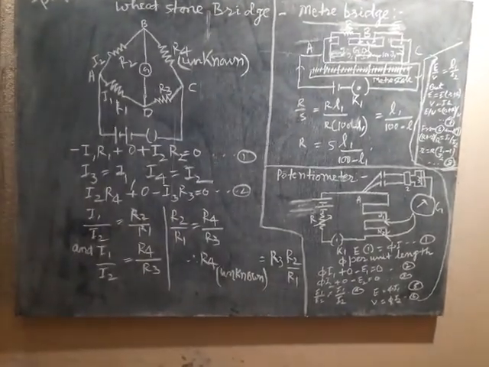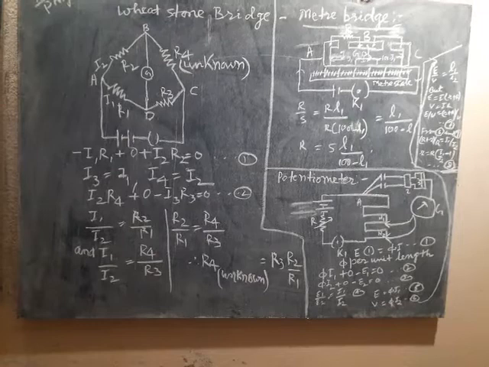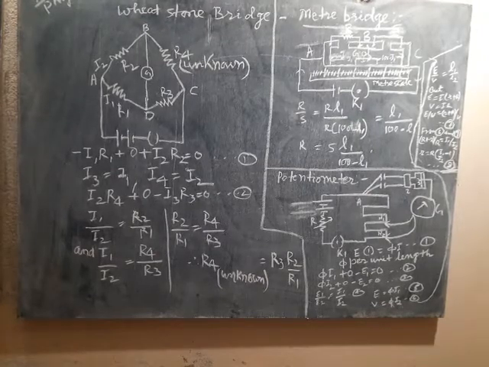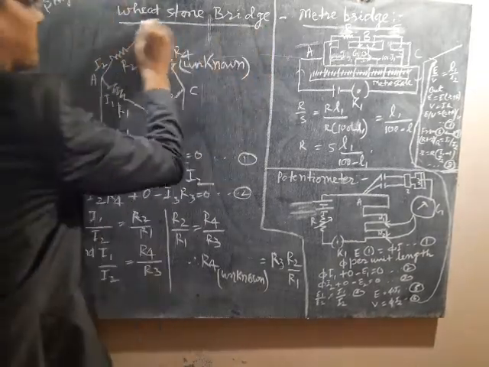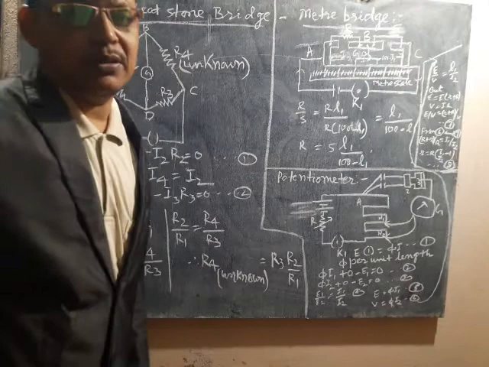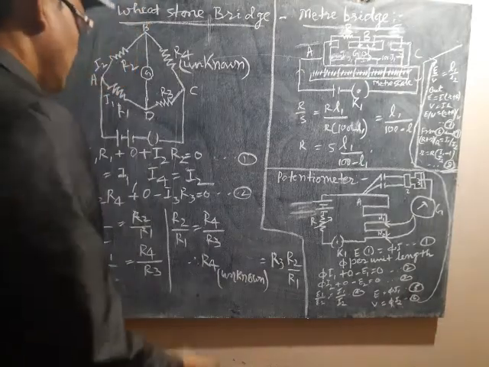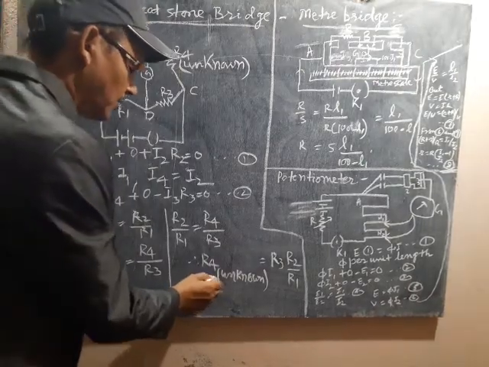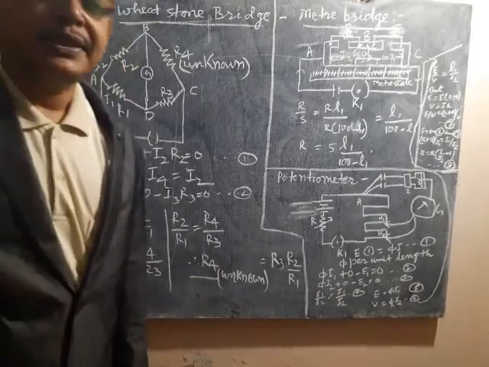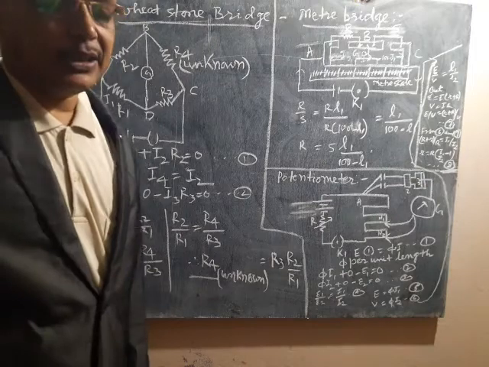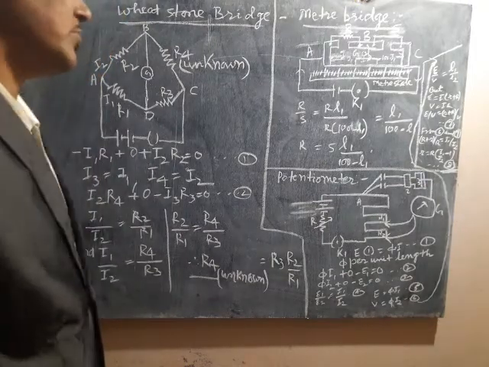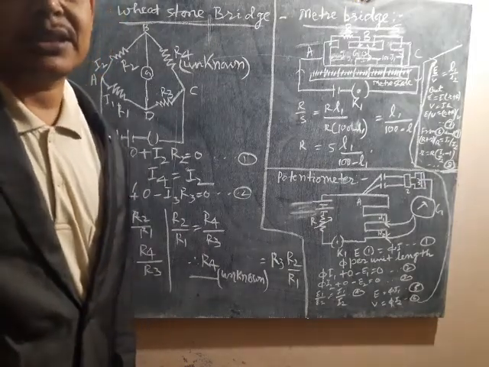Here I have to discuss the Wheatstone bridge. Try to understand carefully. Here I have drawn it. What is the main purpose of the Wheatstone bridge? Very simple: you have to find an unknown resistance. The Wheatstone bridge is an instrument through which you can find an unknown resistance.